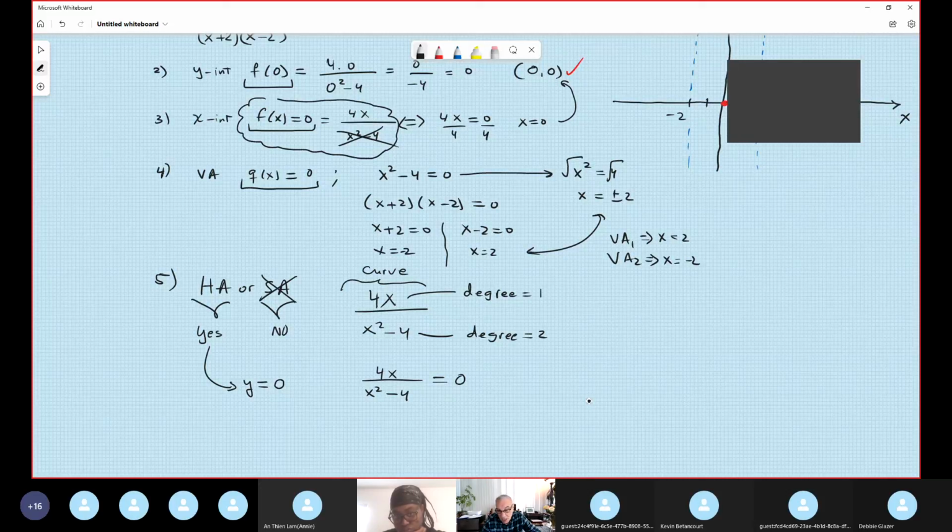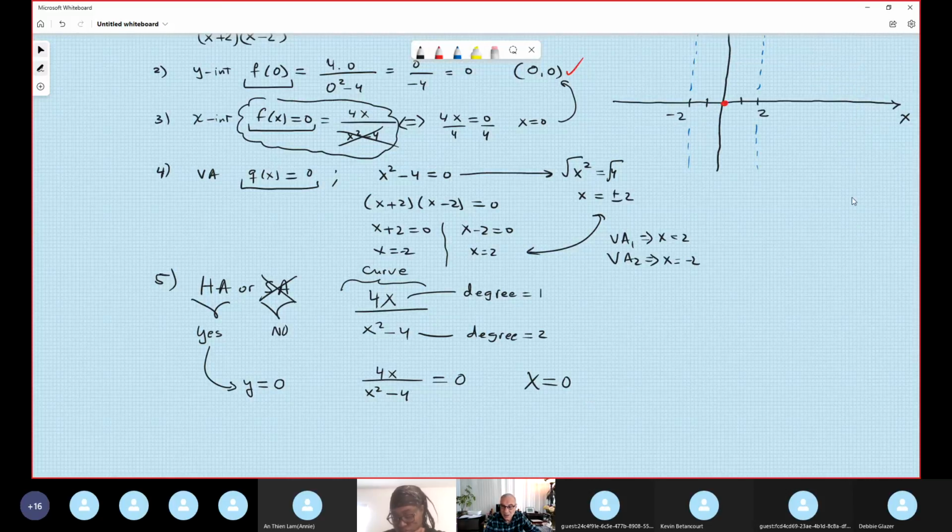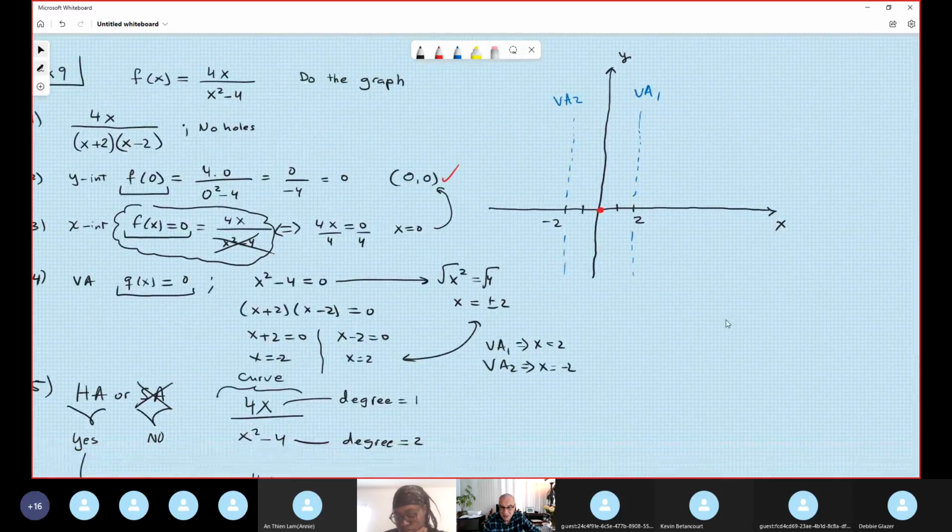And the solution is, yes, we have a solution at x equals 0. So x equals 0 is the super famous point, which is the X-intercept, Y-intercept, and also the famous point in which our horizontal asymptote is at 0. So this equation is a horizontal asymptote, y equals 0, coincident with the x-axis. This point is crossed also.